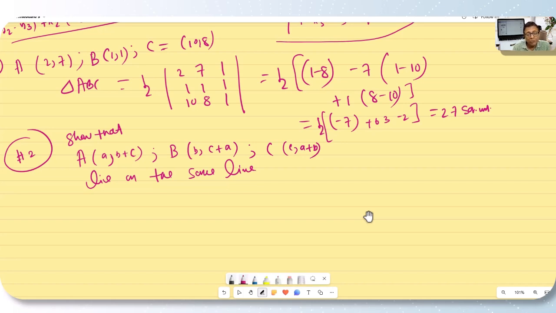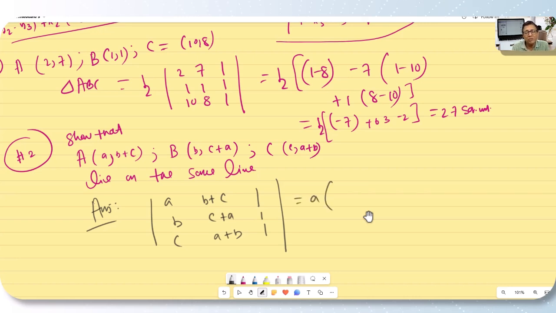So if you want to prove the collinearity, we'll start with this, A, B plus C, 1. We can prove it nicely with the help of properties, but here this is enough.